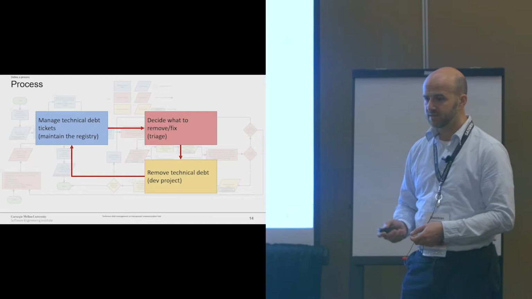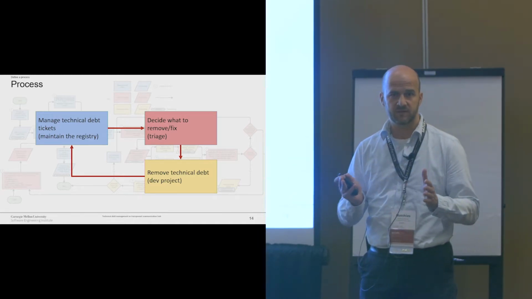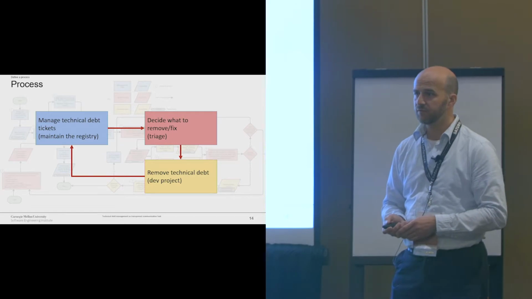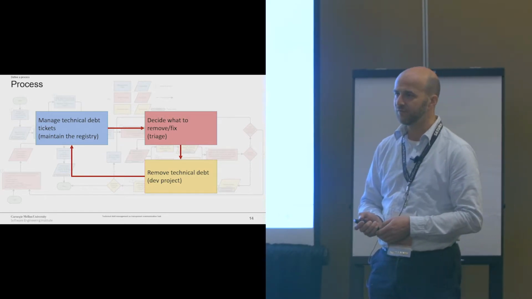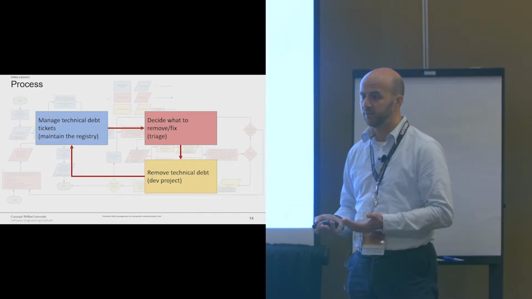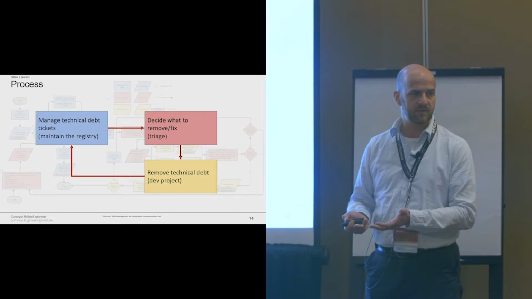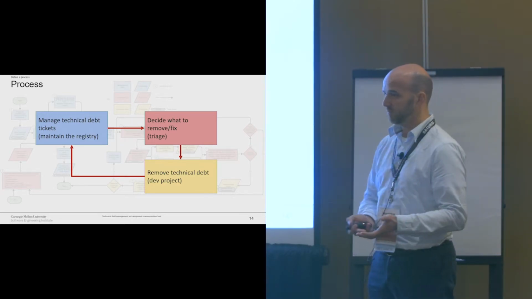In that process, project management, product management, and development are involved, and they really need to be. They should not fight against each other. They need to balance the business value and the need and the resources they have, the features they want, and the problems they have.